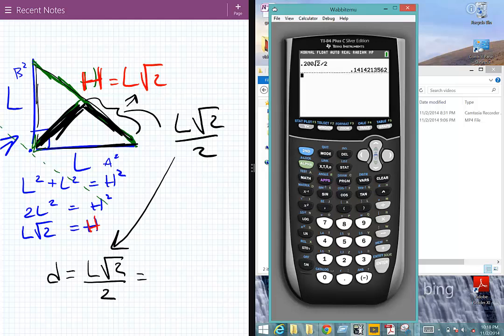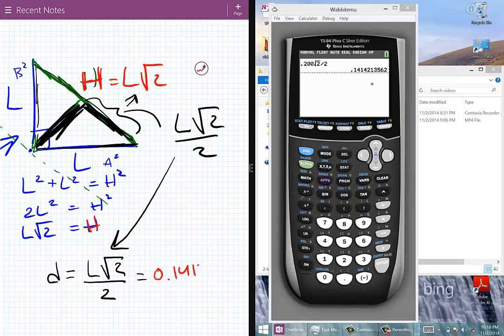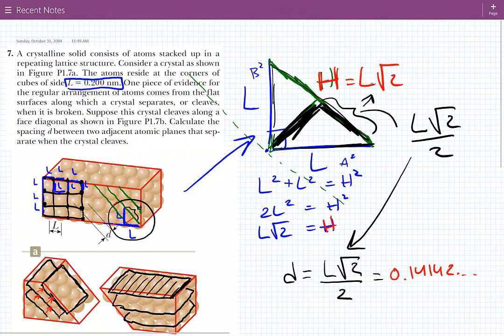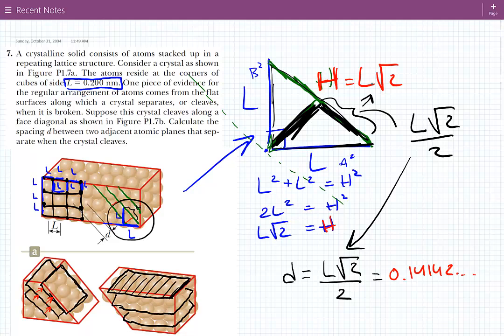So, alright, our L is equal to 0.200 nanometers. So 0.200 times the square root of 2 divided by 2 is 0.141421, etc. And we want to take note that the information we were originally given contains 3 significant digits.